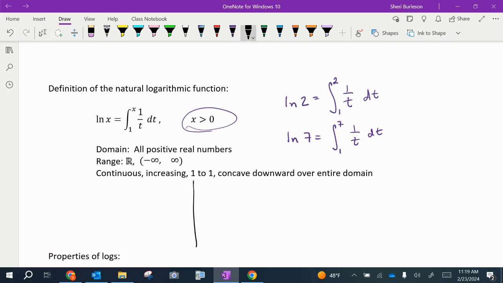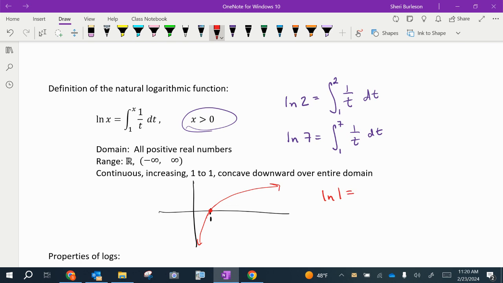So if I go back and remember what the graph of a natural log looks like, at 1, we have that the natural log of 1 is 0, because what do I need to raise e to get 1? I need to raise it to the 0 power. And then my function is going to look like this.